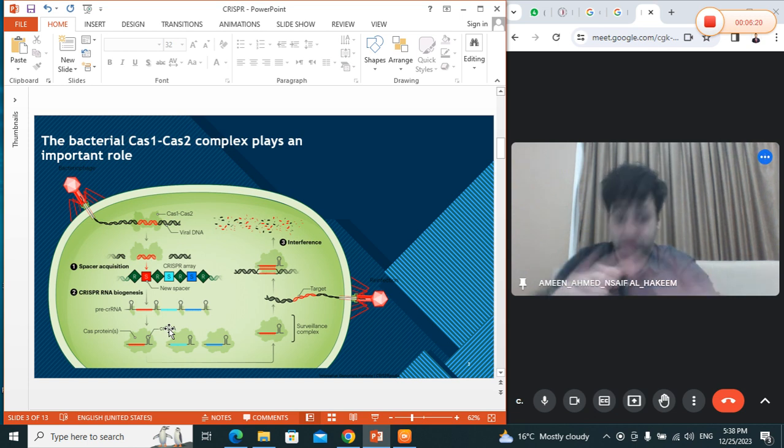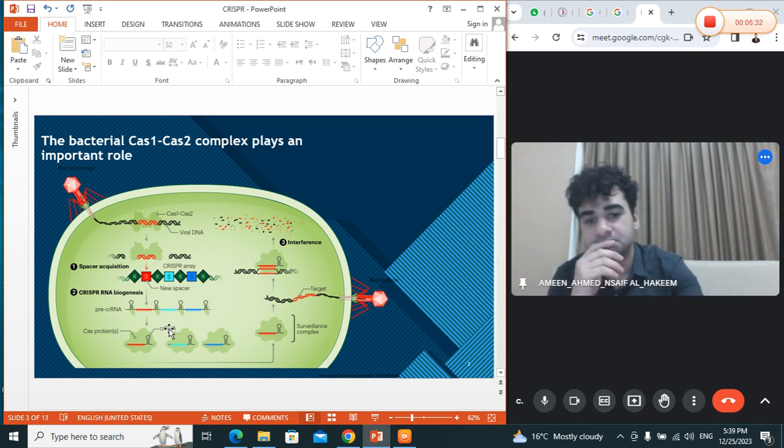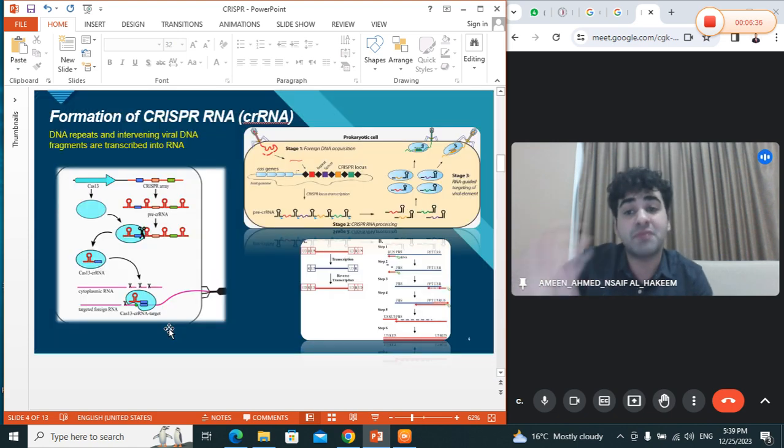While in applicability, we can say in short that this discovery of CRISPR has led to the adoption of a powerful gene editing tool, particularly the Cas9 protein, for application in various fields. However, let's begin with the important formation of CRISPR RNA, crRNA. What is happening?